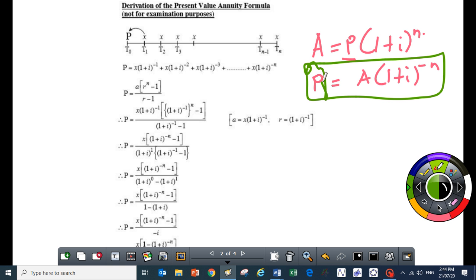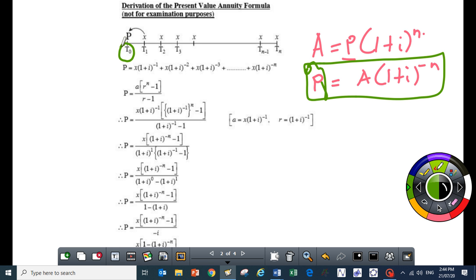So this case is very different from the one for future value, where you can start making a payment in terms of your saving immediately. For present value, you don't have money, so where are you going to get the money to start making a payment straight away? No way. So you start at least a month after. Okay? So no payment is made at T0.